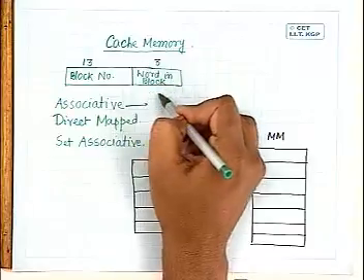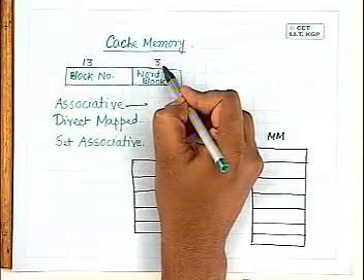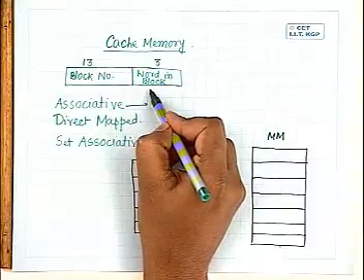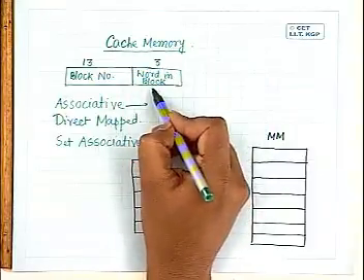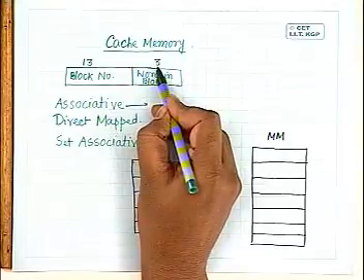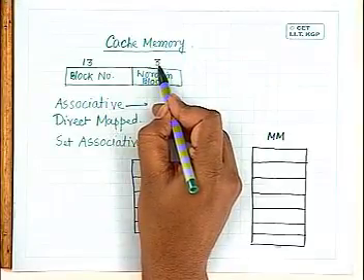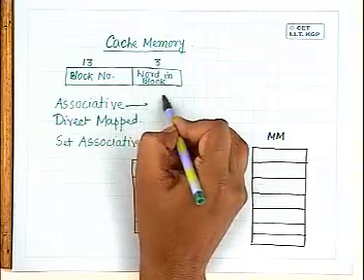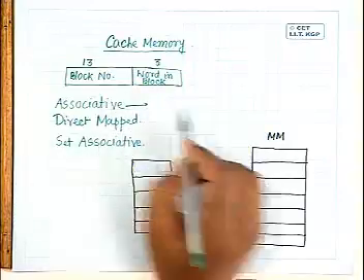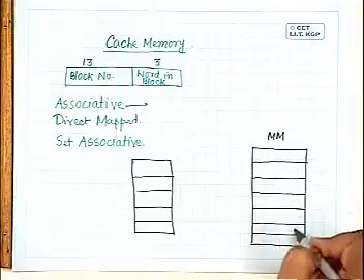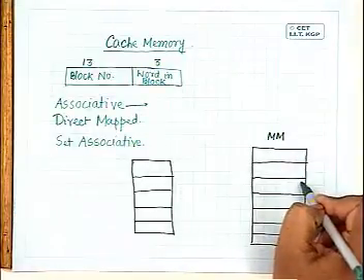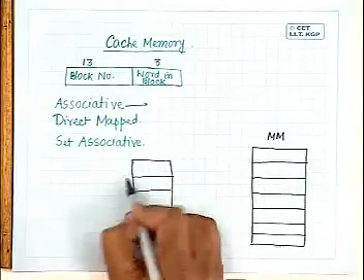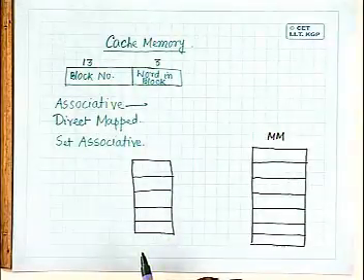Obviously every block will consist of 8 bytes, because if I have to identify a particular byte within a block, that identification has to be made with only these 3 bits, and with 3 bits I can identify only 8 bytes. So when I divide the main memory into blocks, every block is of 8 bytes. Similarly, every block in the cache memory is also of 8 bytes.